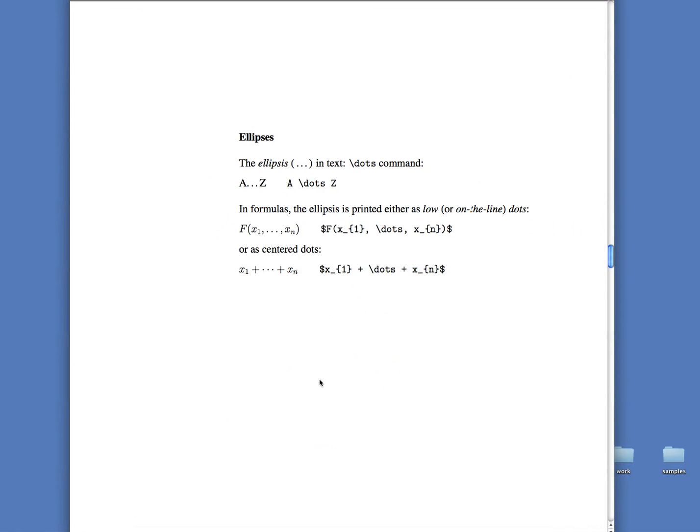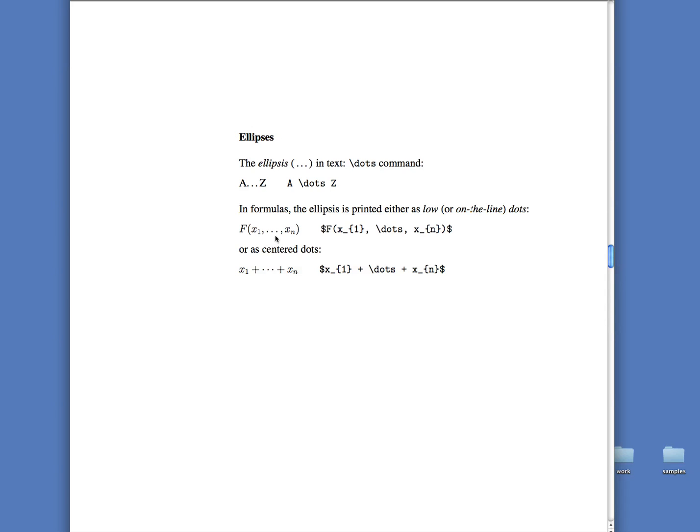Ellipses, that is three dots in text, is done with the \dots command, and it will take care of the spacing between the dots. For heaven's sake, don't type dot dot dot. That will provide you with three dots but awful spacing. In math, again, most of the time you can use the \dots command, but in math there are two types of dots.